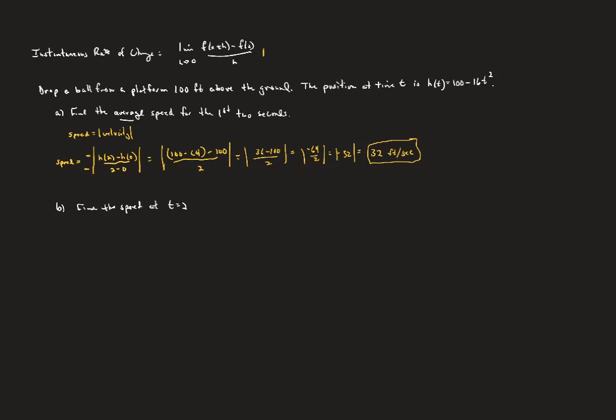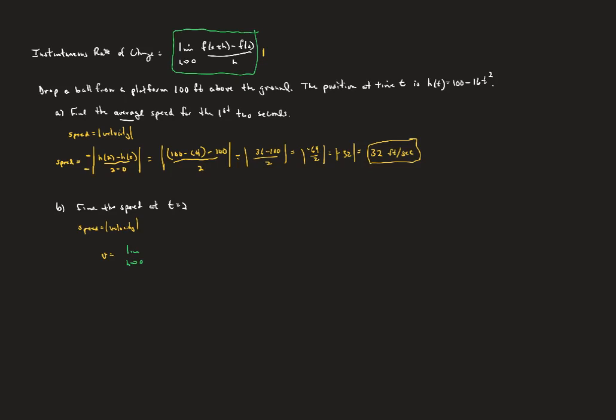Now the speed right at t equals 2, now that's an instantaneous rate of change. So we still have the speed is going to be the absolute value of the velocity, but our velocity is going to be, and now we're going to come back to our definition right up here. This is going to be our instantaneous rate of change. So we are going to take the limit as h goes to 0.